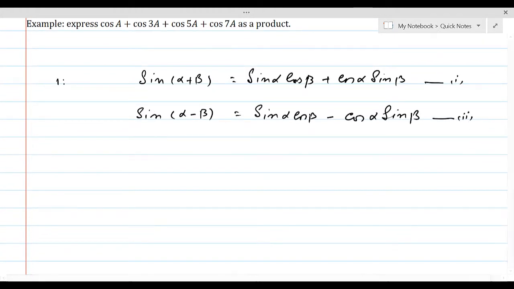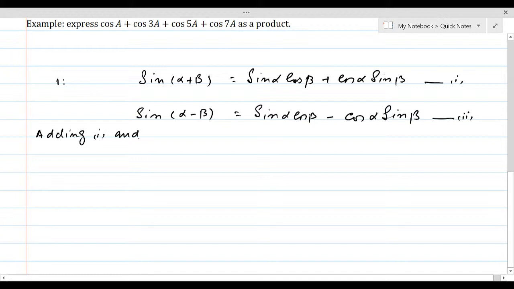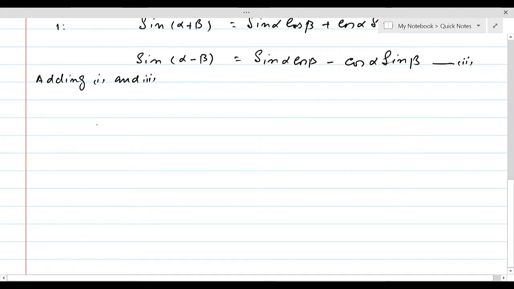By adding 1 and 2, what we have on the left side is sine of alpha plus beta plus sine of alpha minus beta.